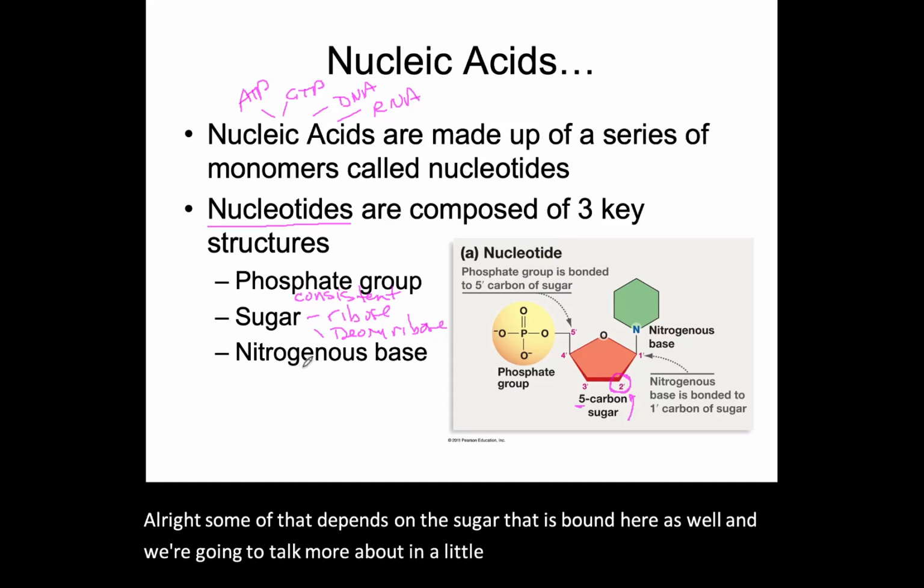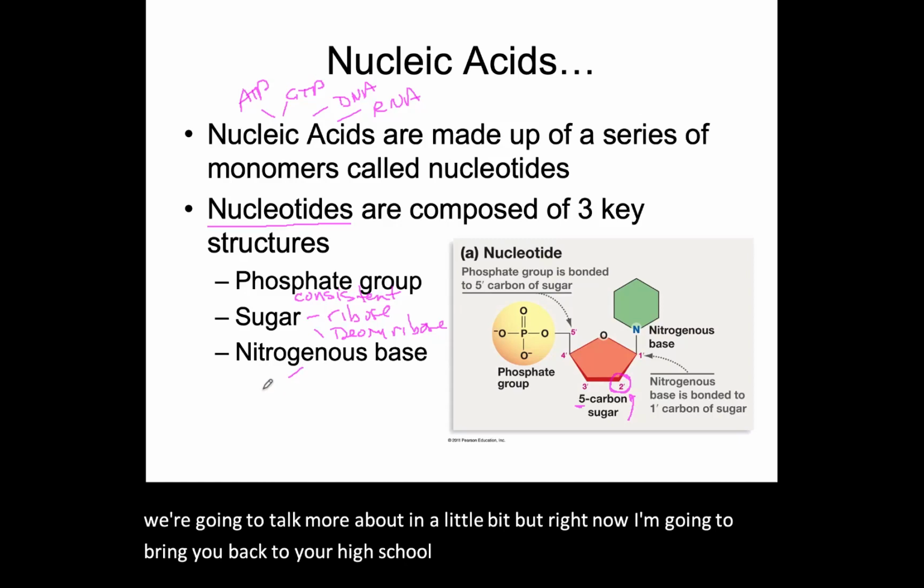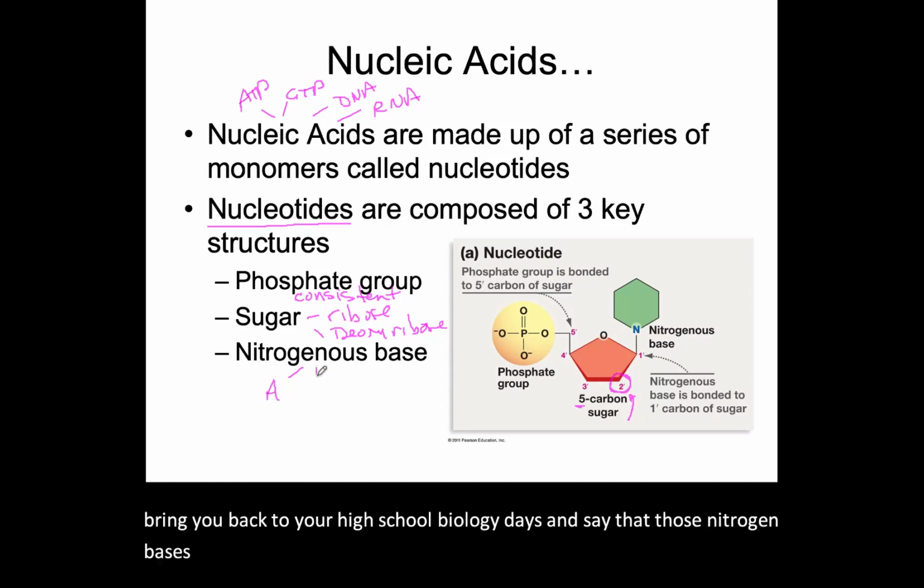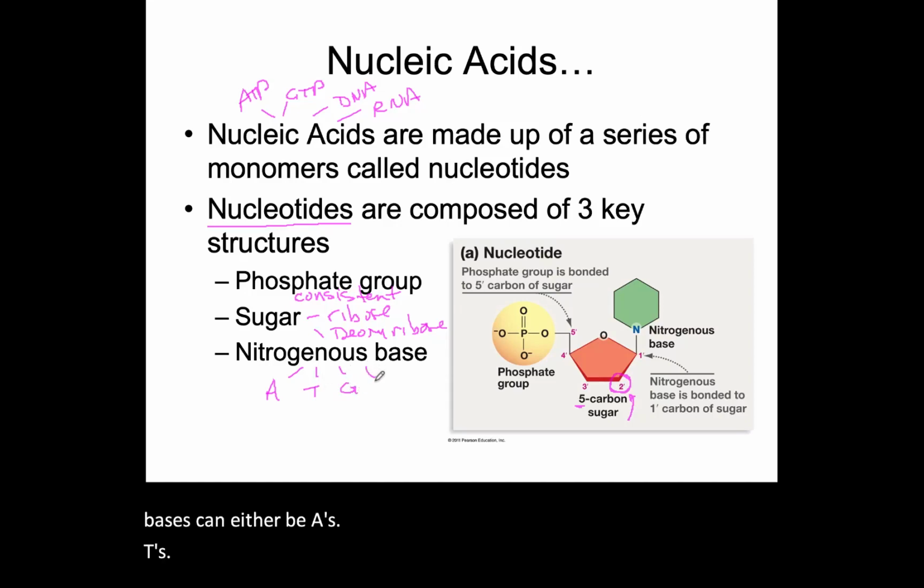But right now, I'm going to bring you back to your high school biology days and say that those nitrogen bases can either be A's, T's, G's, C's, or the letter U. So those are your choices for nitrogen bases.